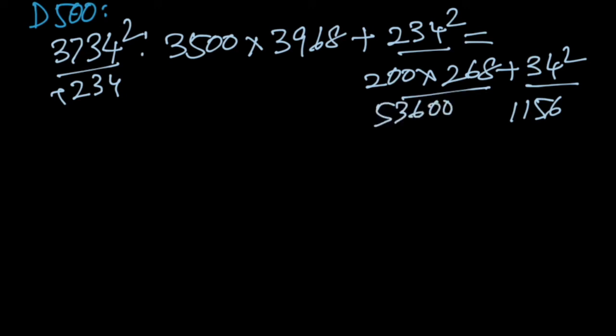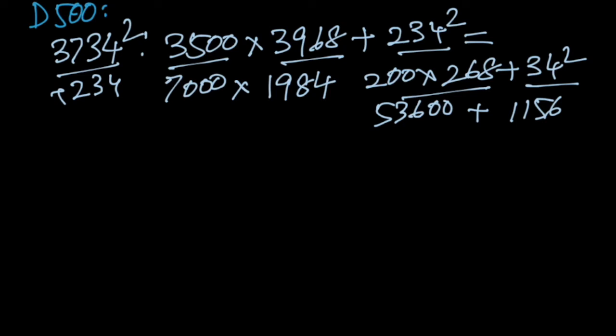So, this becomes 536, 2 zeros, and this we can make 7000. So, this becomes half. So, this becomes 1984, and 168 half is 84. So, we have 7 times 1984 times 1000. So, we can make this 2000.